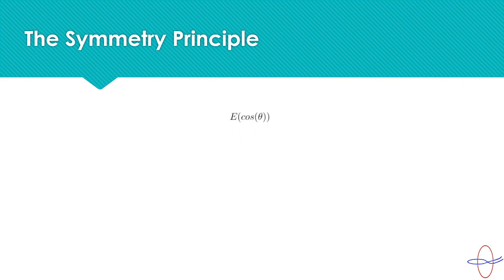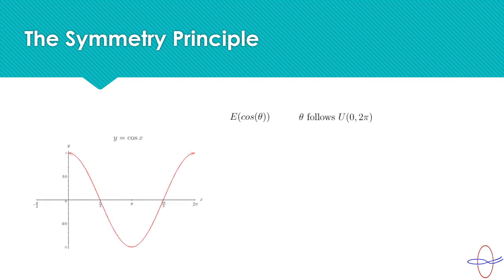We need to find the expectation of cos theta where theta follows uniform 0, 2 pi, and observe the graph of cos theta. This is a beautiful property: if you think about it carefully and geometrically, due to the periodicity of cos x and sin x, you can show or intuitively think that this has an even probability density, just due to the symmetry of the cosine and sine functions.